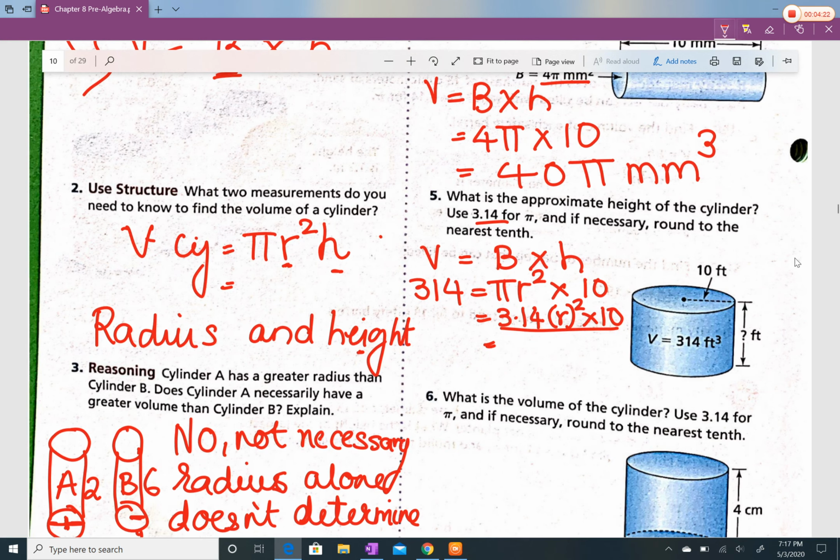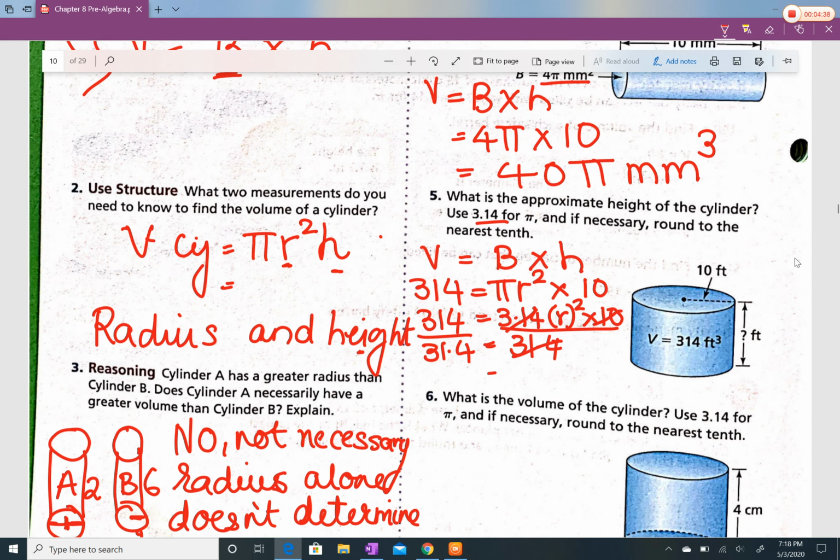Okay, 31.4. Now here it is 314, so I'll divide that by 31.4. This gets cancelled, this gets cancelled, even this gets cancelled because of this.